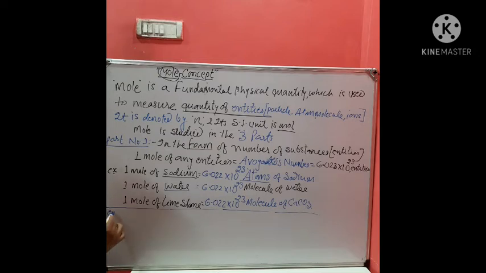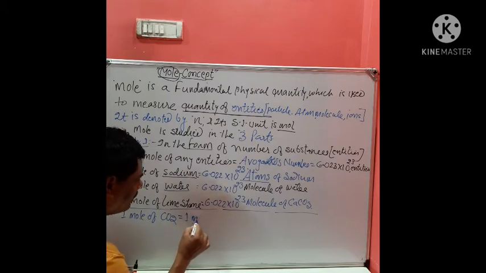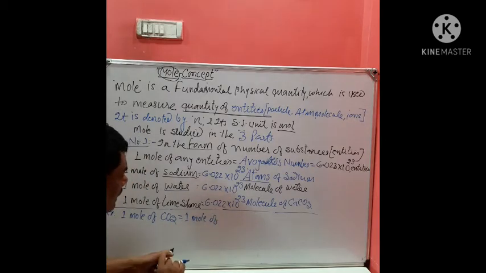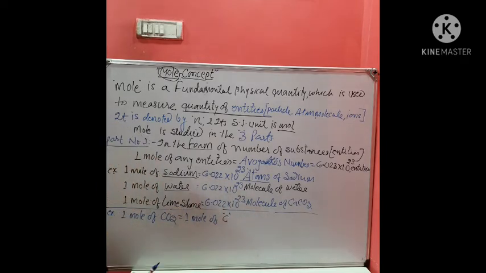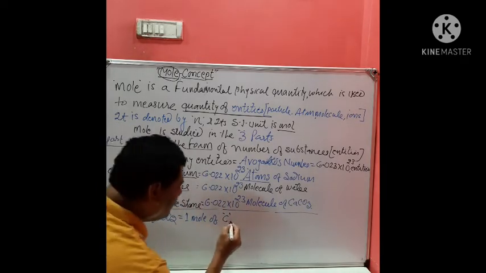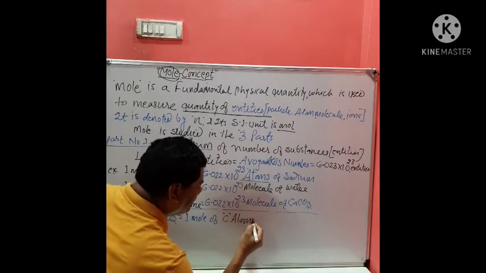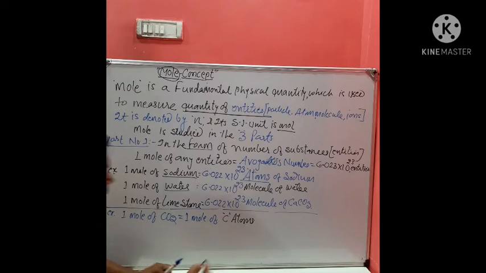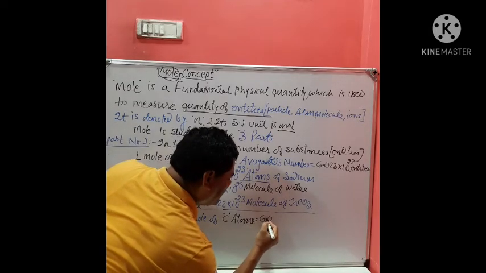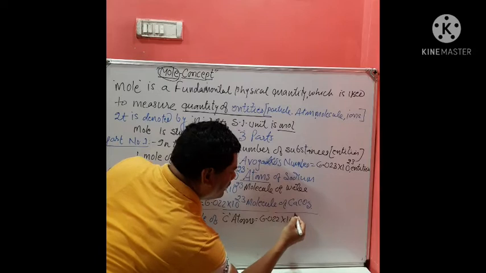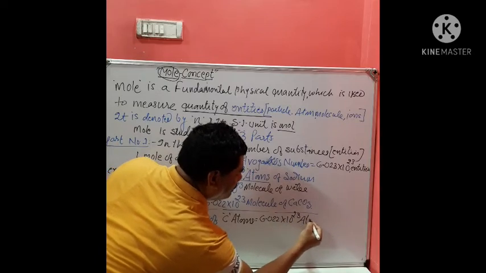A few more examples. 1 mole of CO2, carbon dioxide, is equal to what we can say: 1 mole of carbon atoms, which is equal to 6.022 into 10 to the power 23 atoms of carbon.